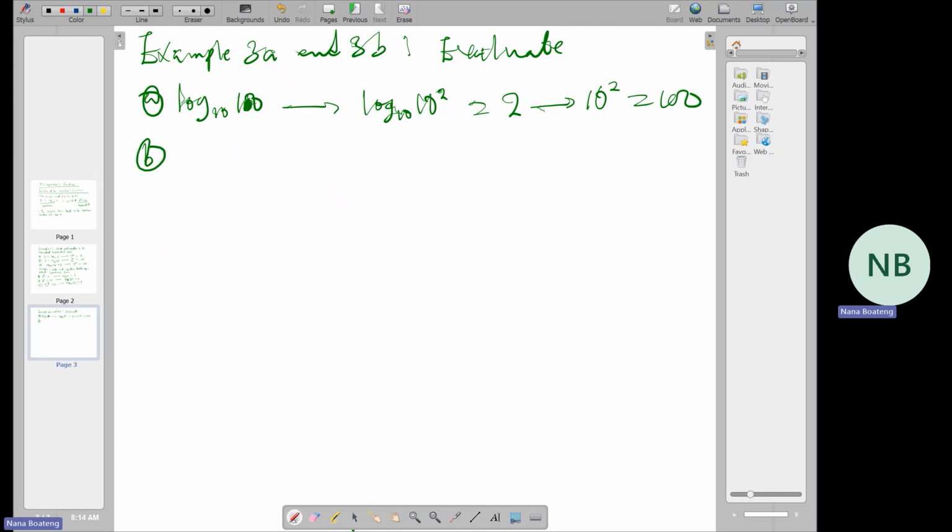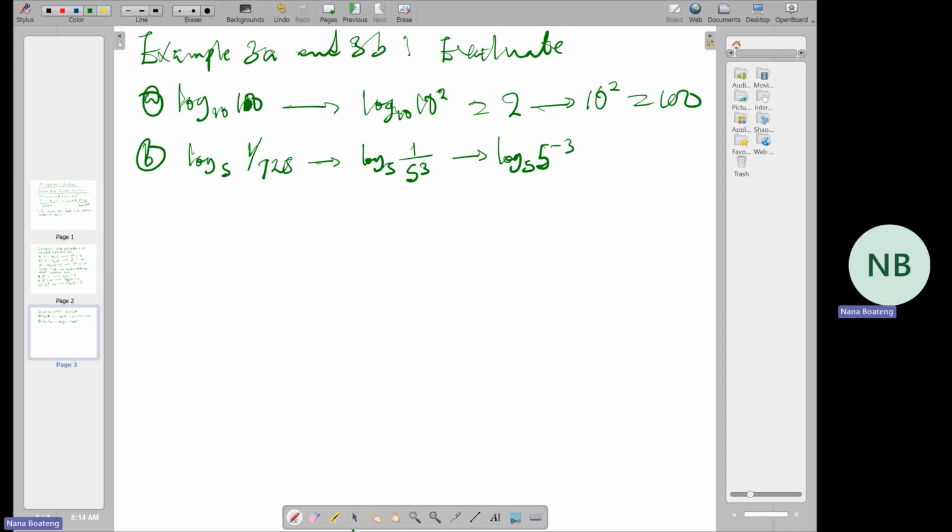And the second one, log to the base 5 of 1 divided by 125. 125 is 5 power 3, so this is the same as log to the base 5 of 1 divided by 5 power 3, which is the same as log to the base 5 of 5 power negative 3.